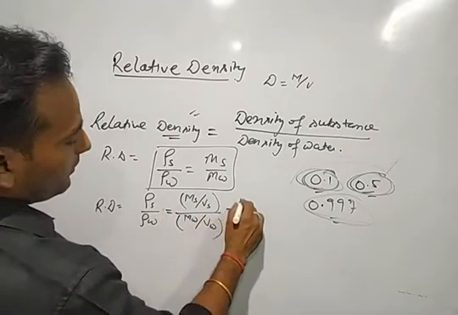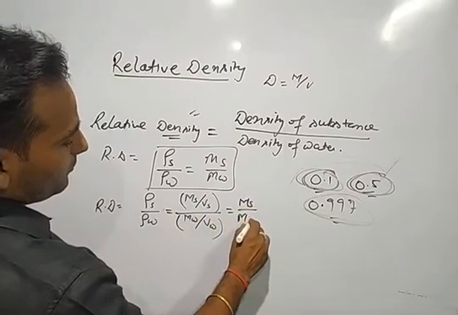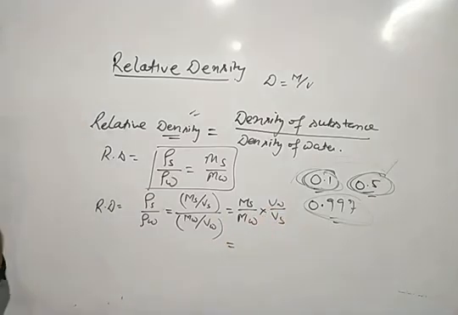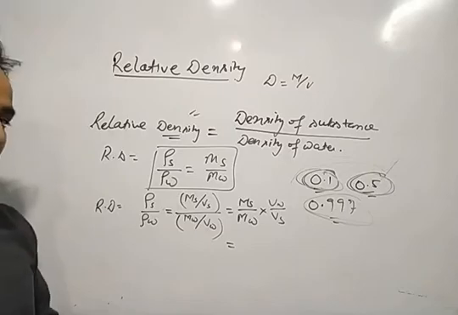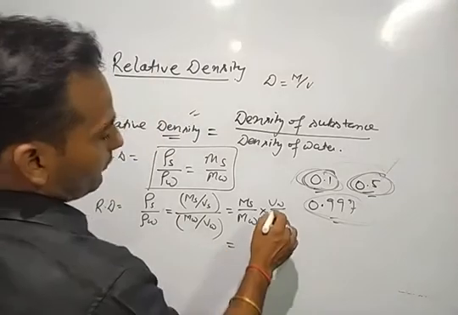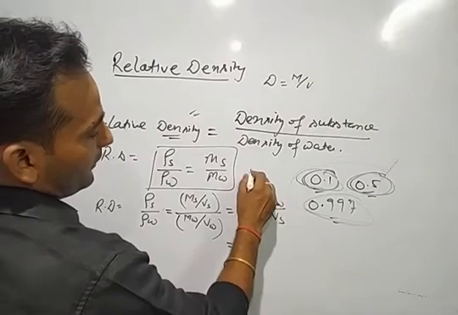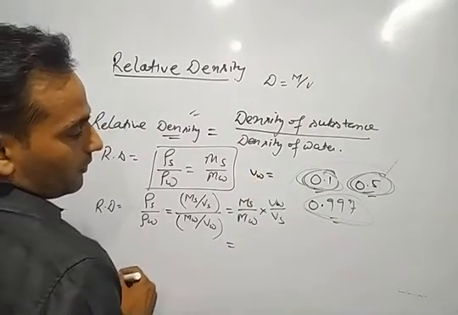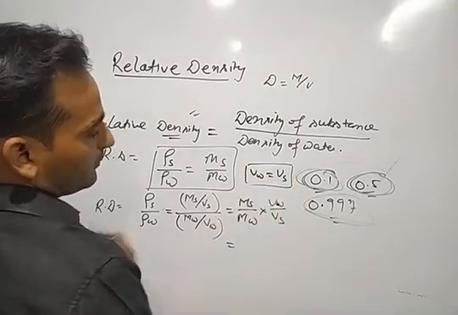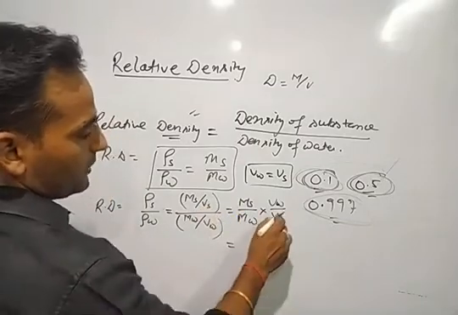We can write it as ms upon mw into vw upon vs. If you are submerging any object inside the water, the object will displace water equal to its own volume. So equal volume of water will be displaced. So this vw and vs will be equal with the help of Archimedes principle, and these two will be cancelled.